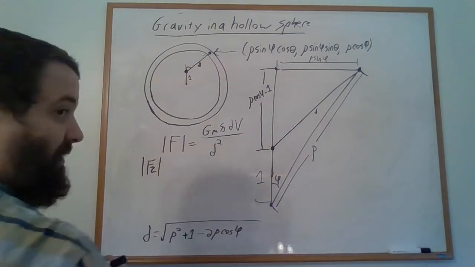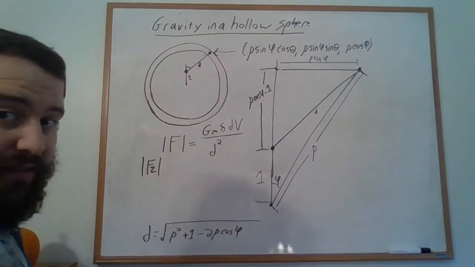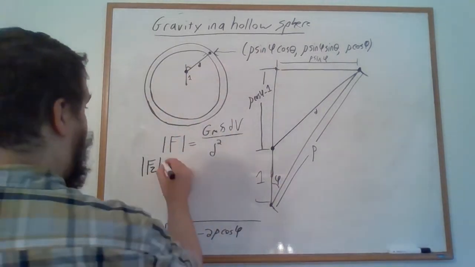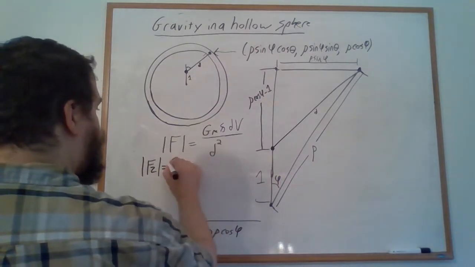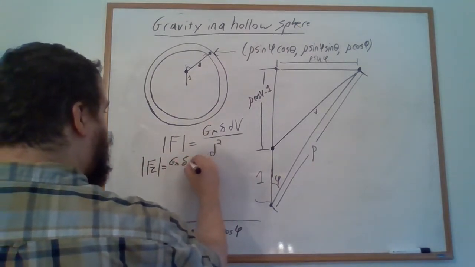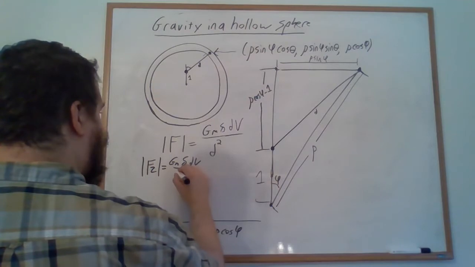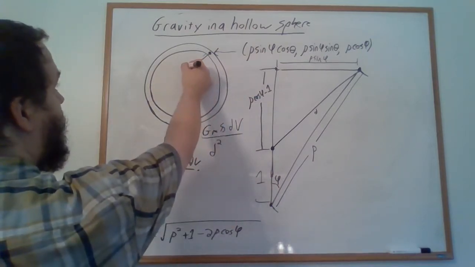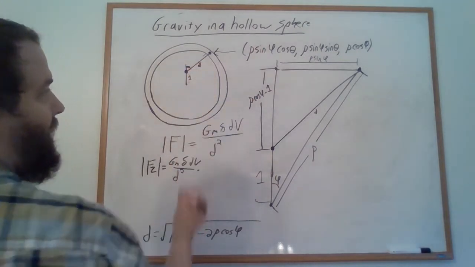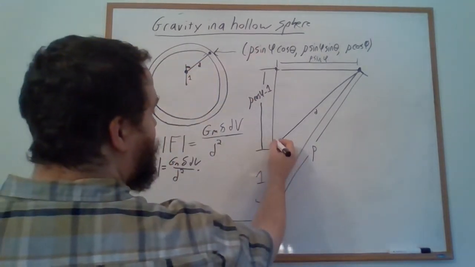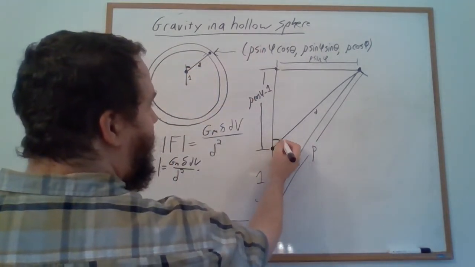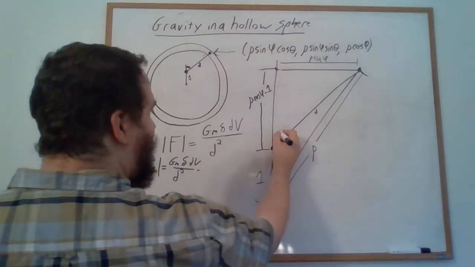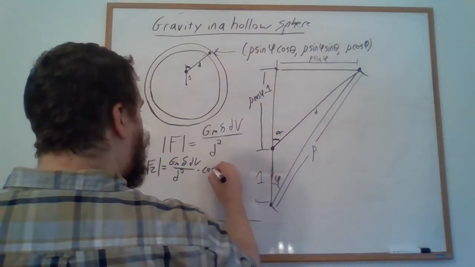But this is going to be the z component of our force, the thing that we actually want to add up. And this is going to be our force, G M delta dV, divided by d squared, times the cosine of this angle here, which is this angle here on the diagram. Let's call this alpha.